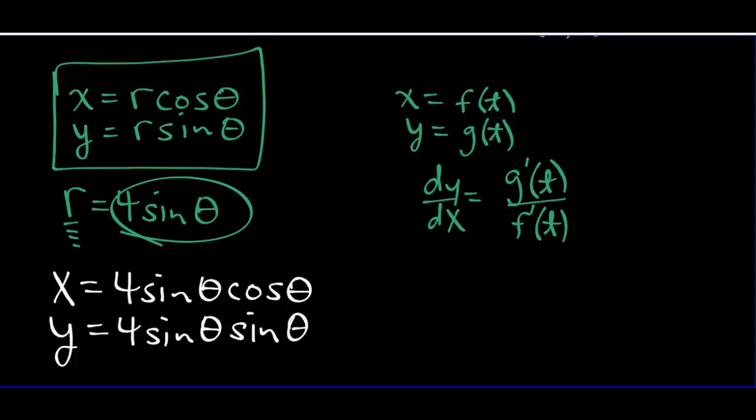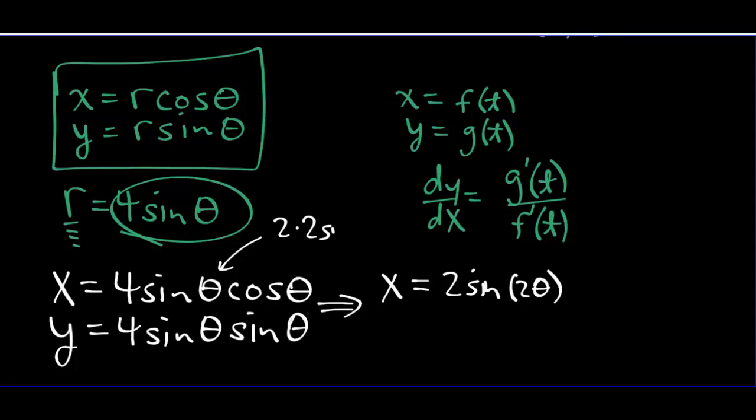But before I do that, let me see if I can make this a little simpler. Since we're going to have to do some calculus, maybe I could write x as 2 sine 2 theta. That seems reasonable because 4 sine theta cosine theta is 2 times 2 sine theta cosine theta, and this is sine 2 theta.